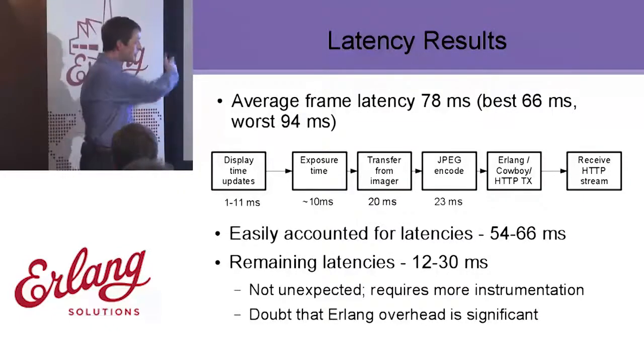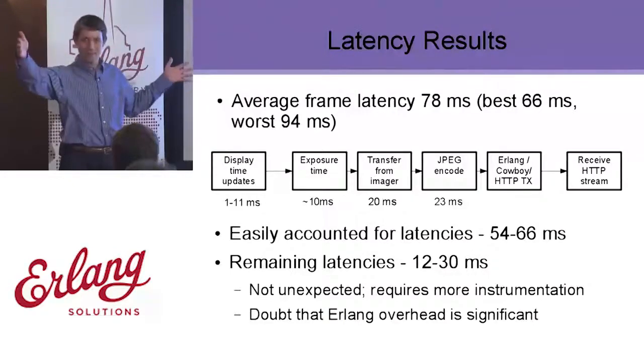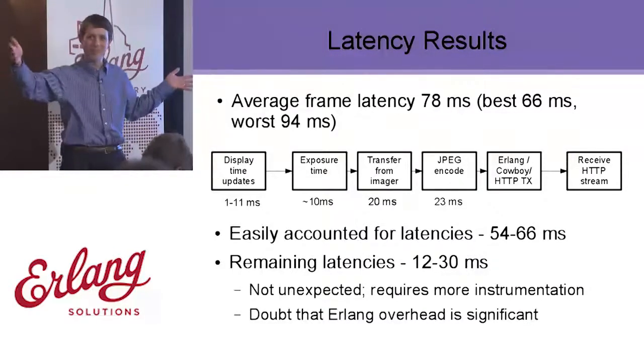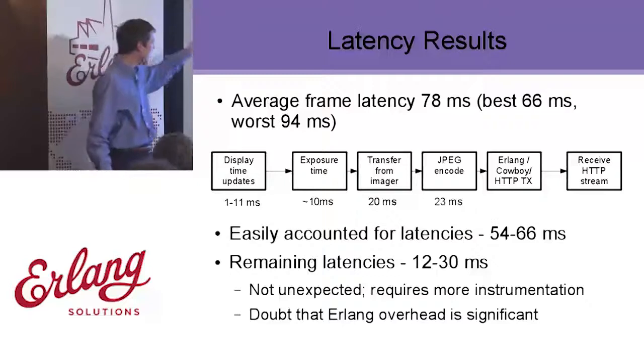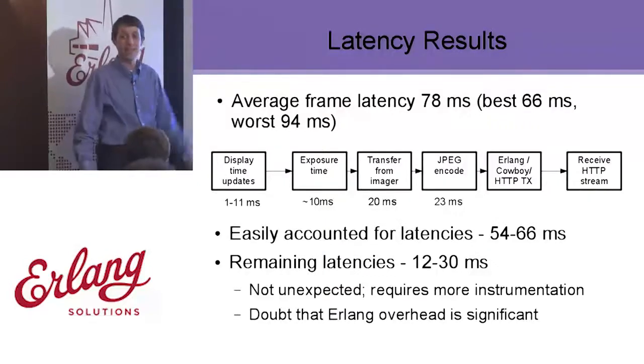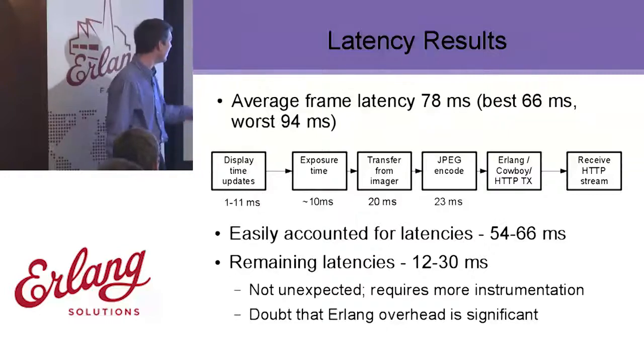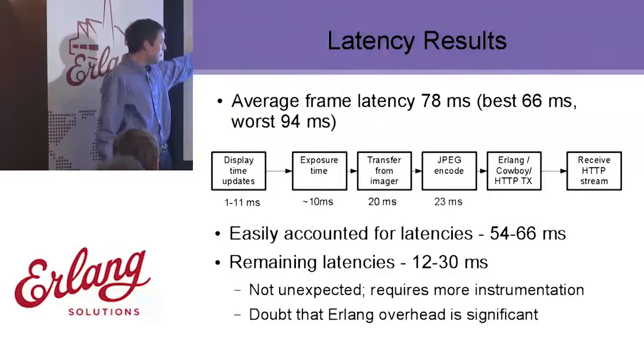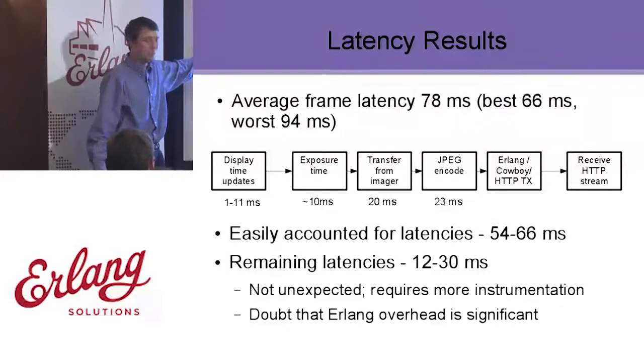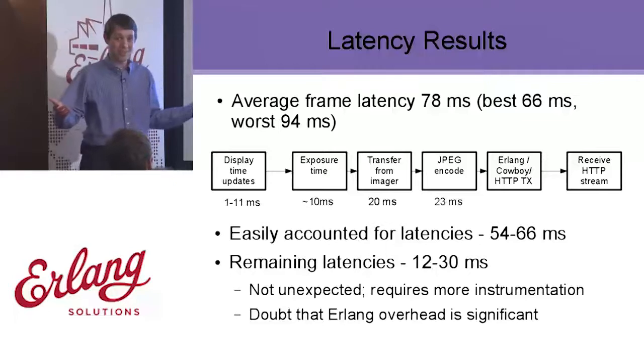All right. So the way you figure this out is you break up all the components that can add latency. That's basically what I did. I said, okay, how much latency can I account for in the system? And this is really easy to account for some latency. I mean, updating the displays, because of how I had implemented it, I wasn't being super accurate with that, so I knew I had some in there. There's exposure time on the camera, right?